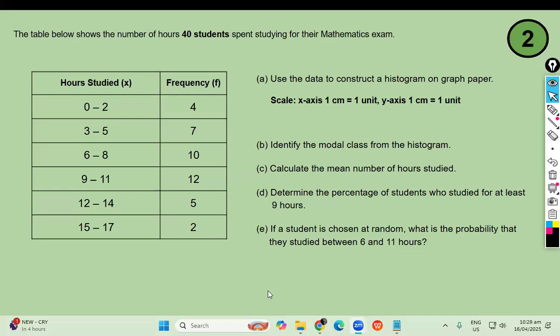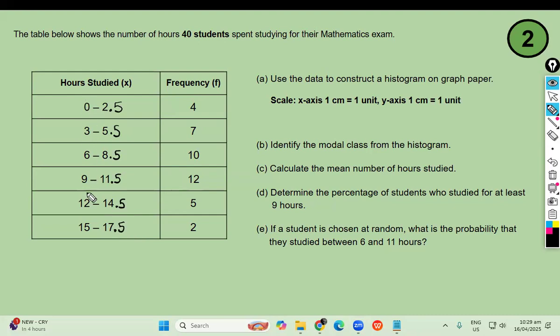I hope that when you were doing the graph, you remembered to put the upper class boundary and the lower class boundary. You're supposed to add 0.5 to everyone on this side. In the homework, I showed you how to get the 0.5.